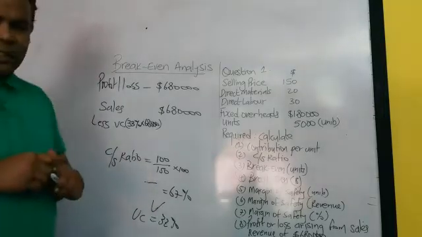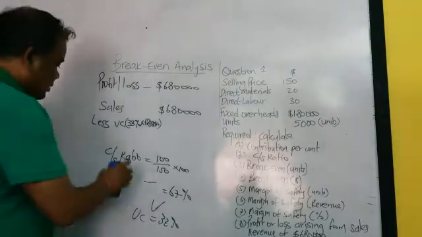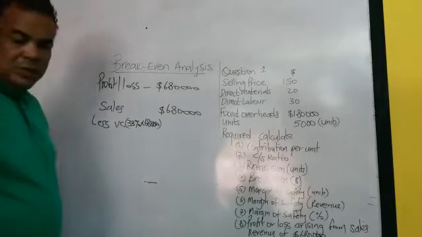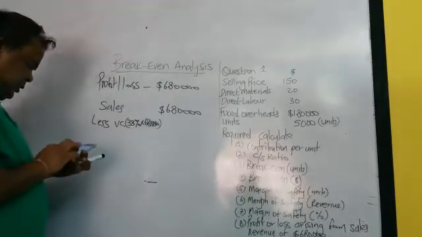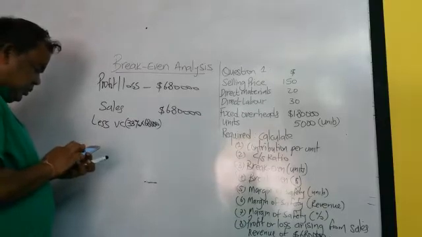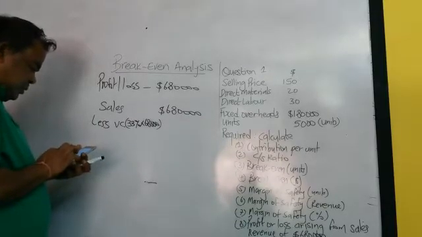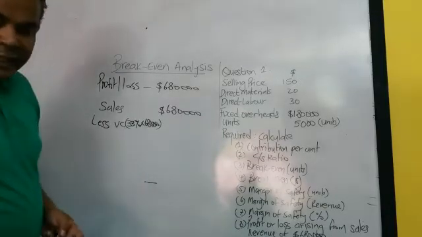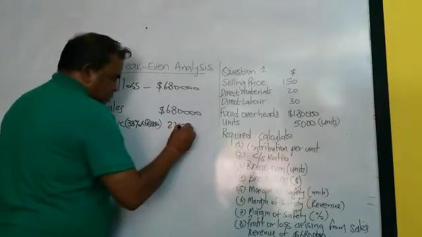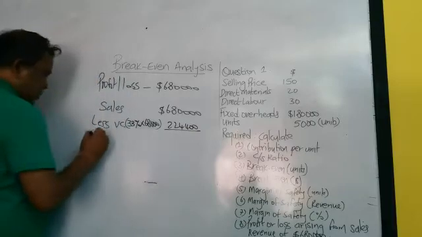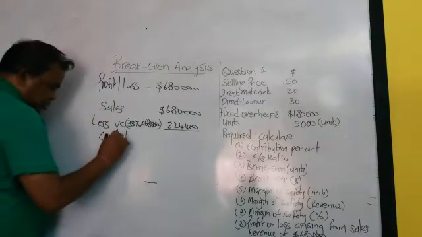So 33% of 680 000 gives us 224 400. This one will give us contribution.